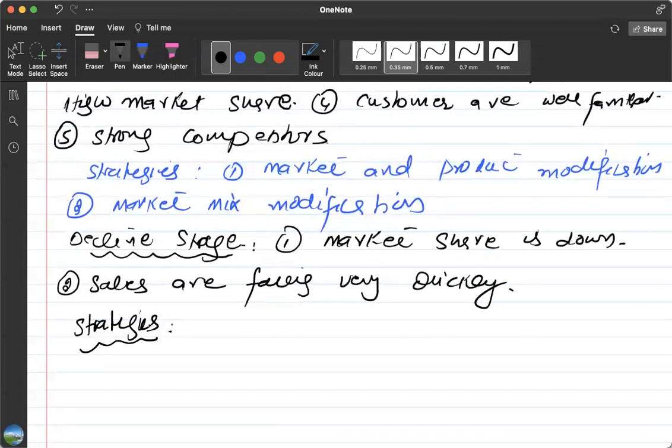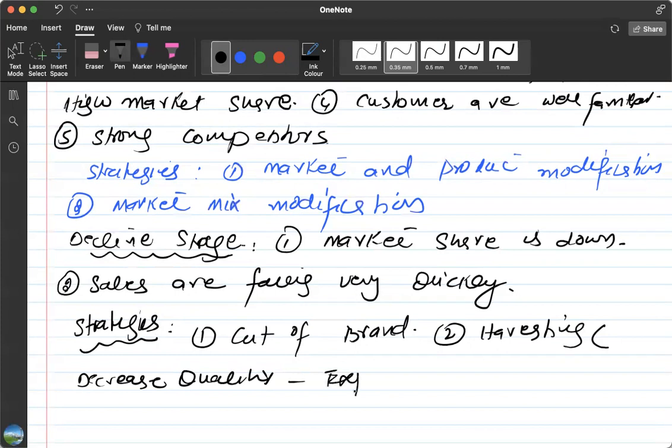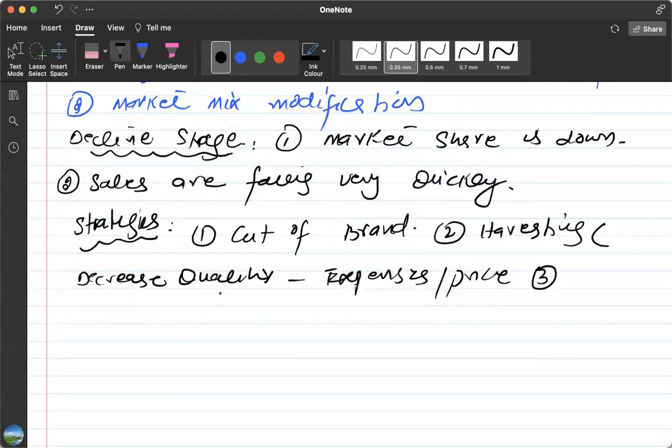We also try to get rid of such products, we try not to sell them. Then cut off the brand, harvesting. Harvesting is a term in which we decrease the quality, expenses, price, everything, so that the product just sells and finishes. Decrease quality, expenses, price. And sometimes, in very rare cases, we can make more investment to make the product life cycle better.